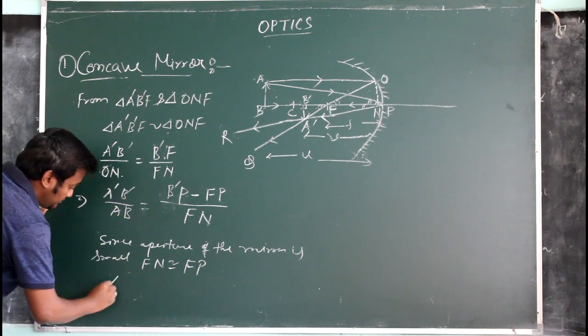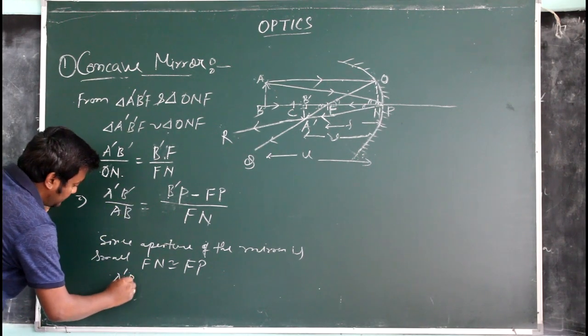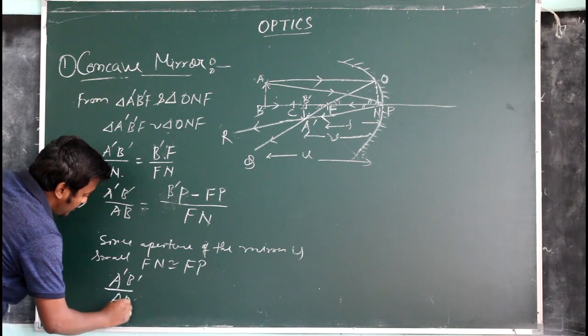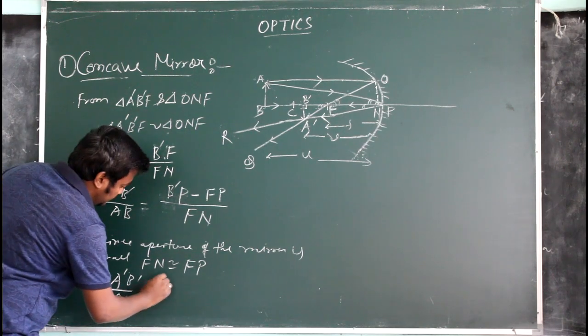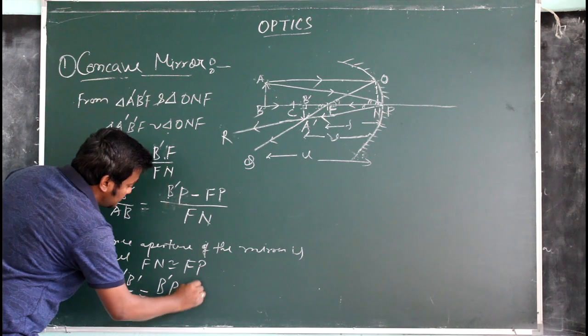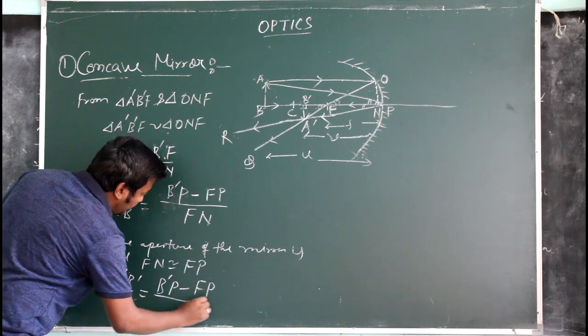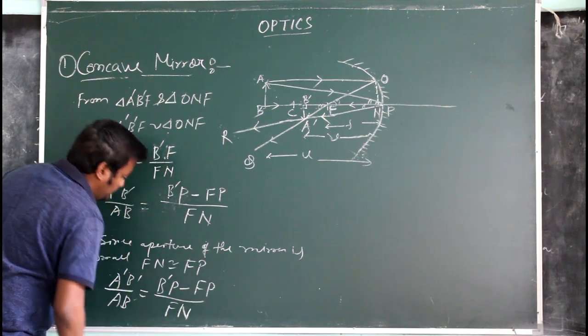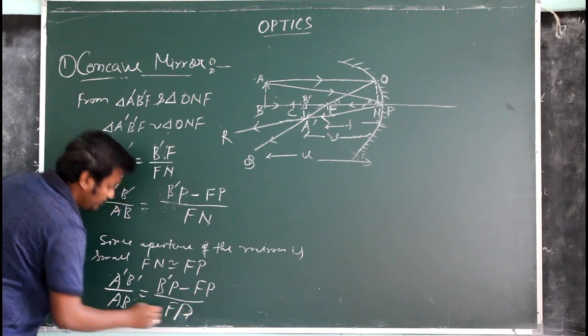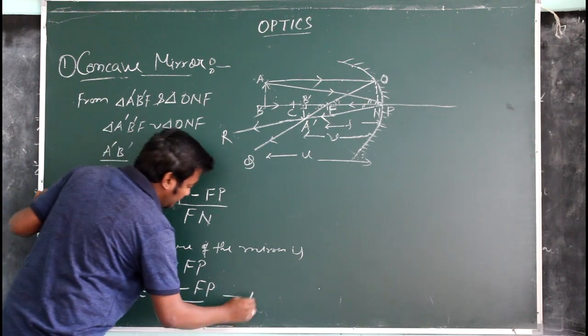So this equation becomes A'B'/AB equals (B'P minus FP) divided by FP. This is equation number 1.